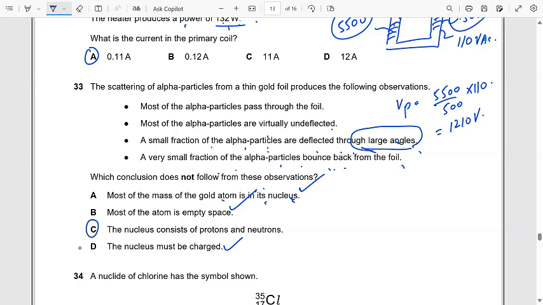Yes, nucleus में ही है, बड़ा छोटा. Most of the atom is empty space. Yes, इससे ये पता चलता है. इससे ये नहीं पता चलता that nucleus consists of protons and neutrons. हमें नहीं पता चल रहा कि न्यूट्रॉन्स भी है कि नहीं, लेकिन हमें ये पता चलता है the nucleus must be charged, which is positively charged. So the answer is C.